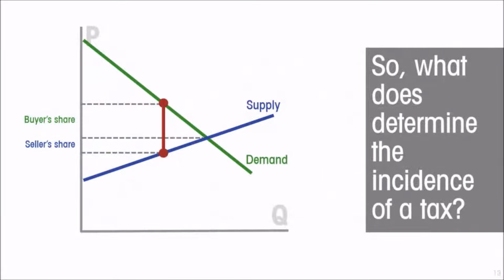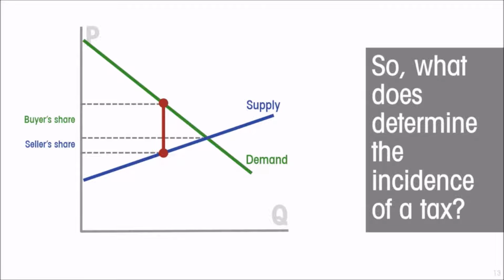This does raise an interesting question, though. If the side of the market taxed does not ultimately, once the market is allowed to clear, determine the burden of the tax, the incidence of the tax, then what is it that determines that?